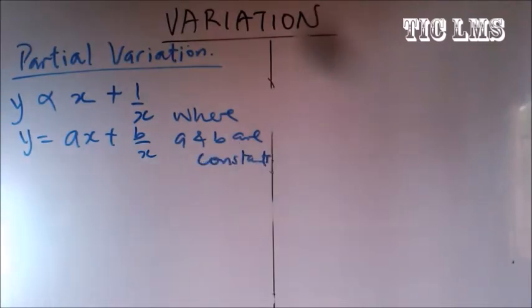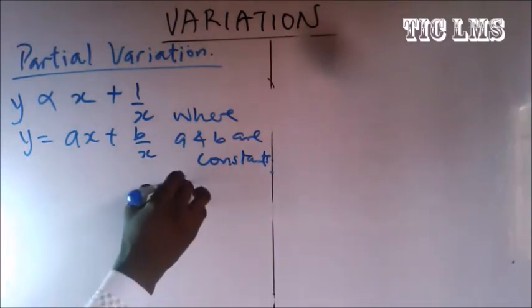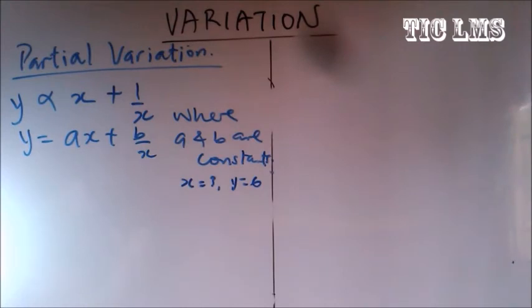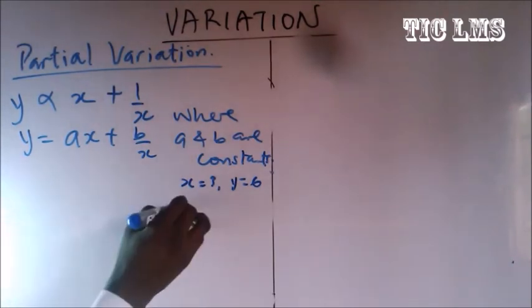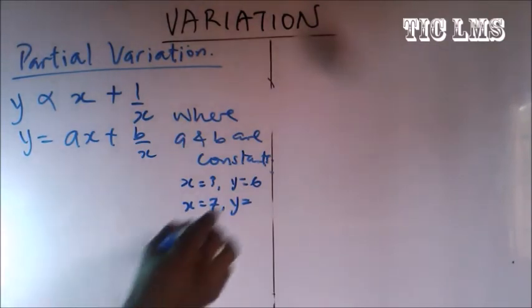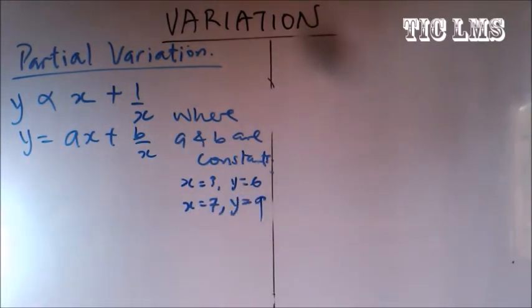If when X equal to 3, Y equal to 6, and when X equal to 7, Y equal to 9, we are to find the relation between X and Y.